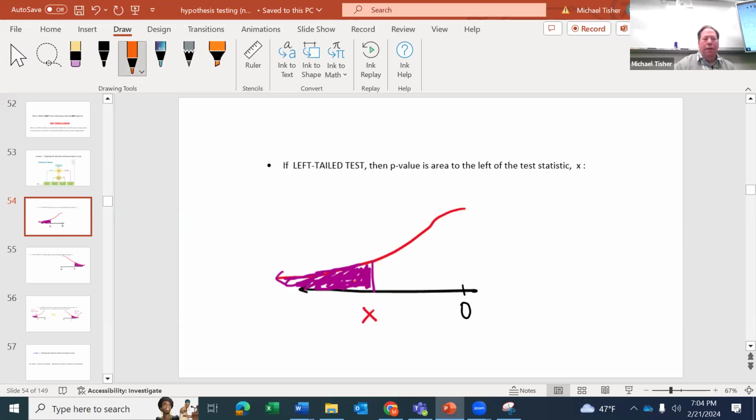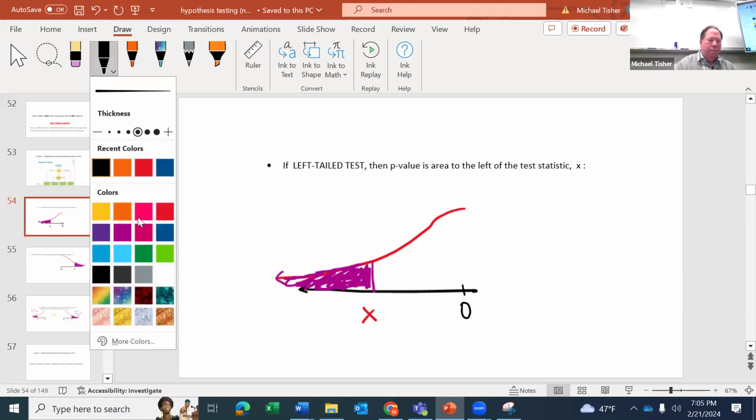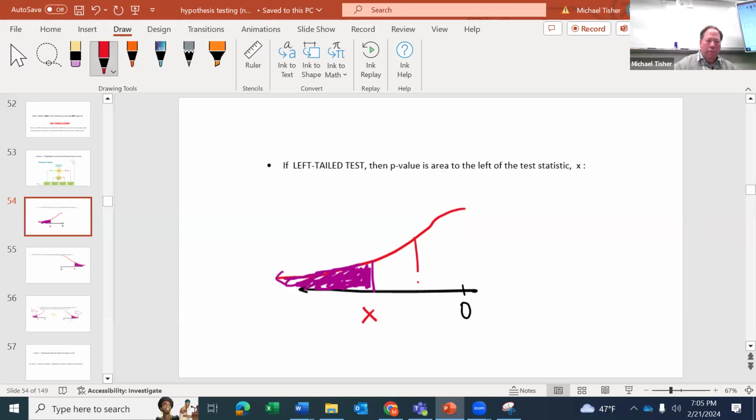Okay. Now this purple area is the p-value, and this is part of the critical area. Okay, so I'll put in also the critical area so we can see this. Okay, so this is the alpha here.